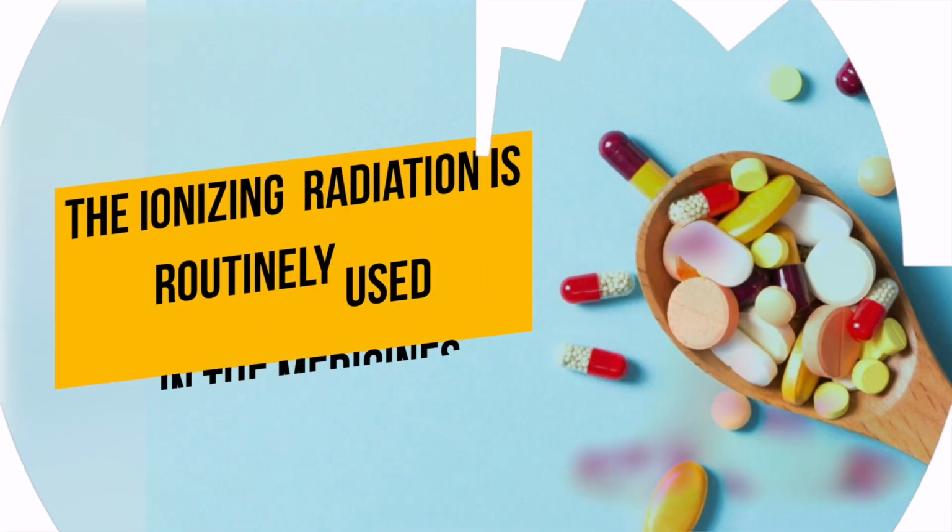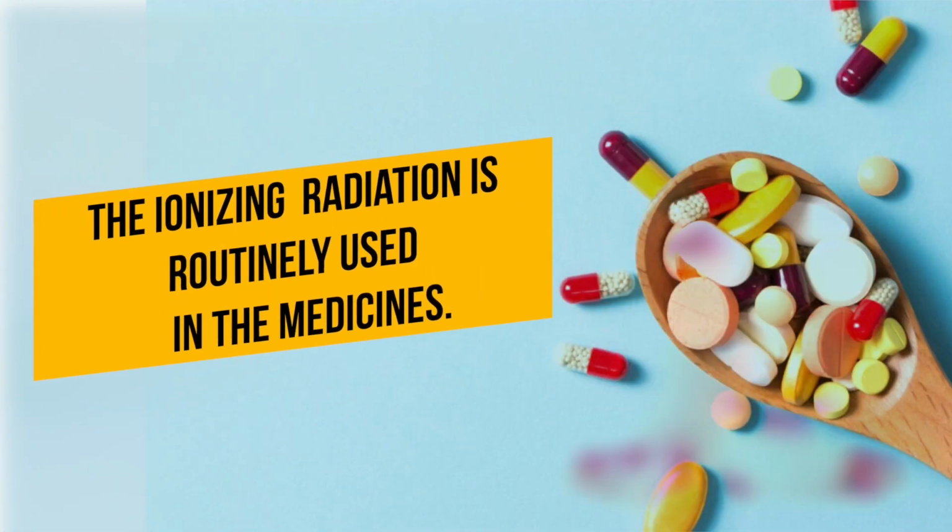It is powerful enough to cause ionization, that is the removal of electrons from molecules, as the scientific terminology goes. So ionizing radiation is routinely used in the medical field.